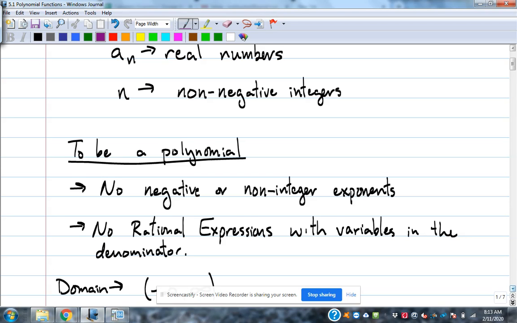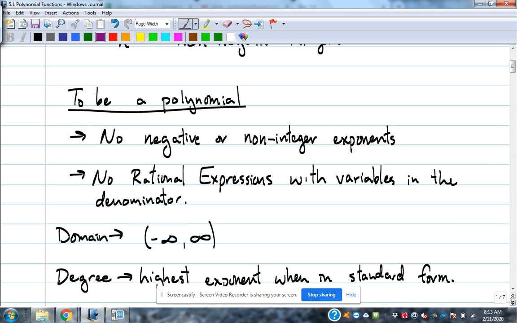Polynomials in general have a domain from negative infinity to positive infinity, just like quadratics do. Unless we're in the context of a word problem, which we know changes things depending on what the word problem is talking about, what the domain could end up being. But in general, polynomials are going to have a domain from negative infinity to positive infinity.